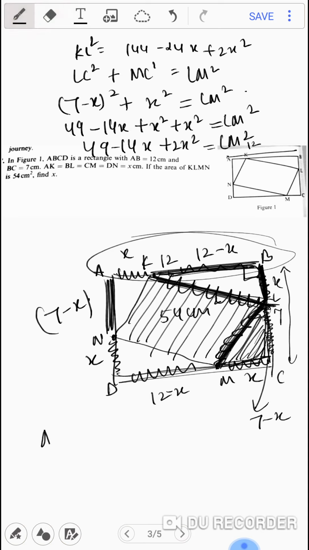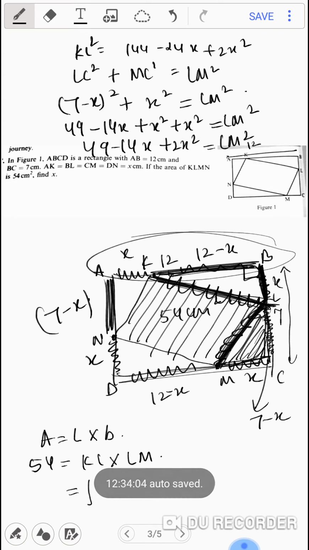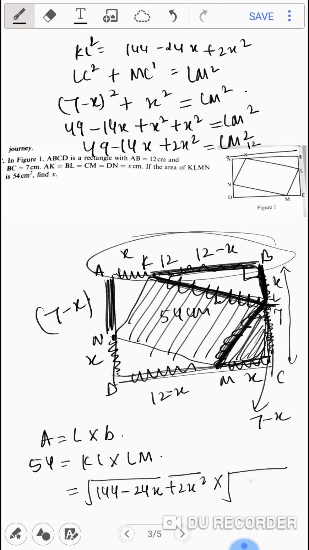So internal area is length into breadth, that is 54 is equal to KL into LM. KL is what? I have KL square. So what is KL, my dear kids? It is under root 144 minus 24x plus 2x square. And what is LM? It is under root 49 minus 14x plus 2x square.